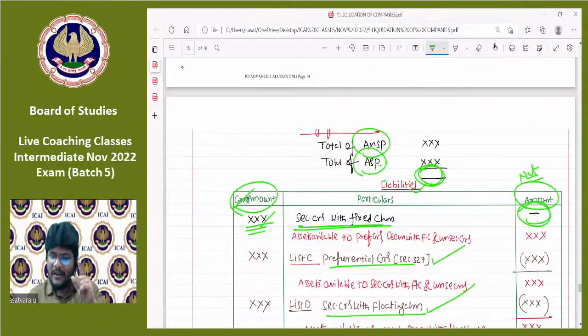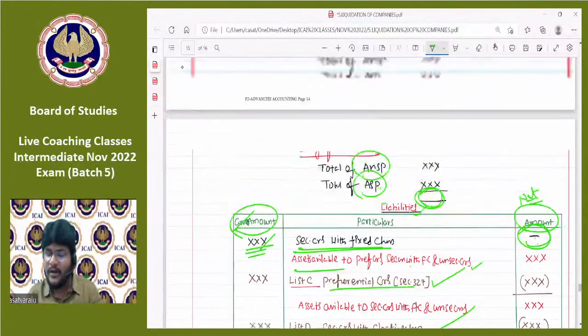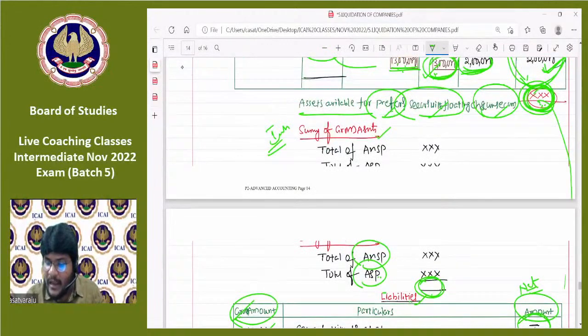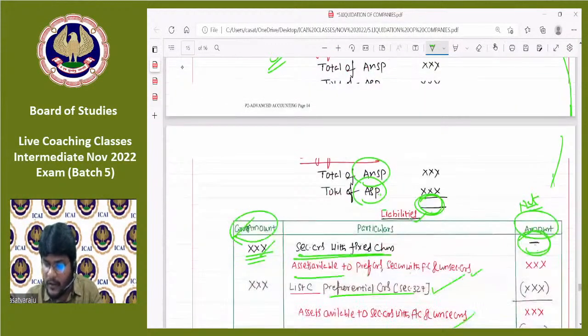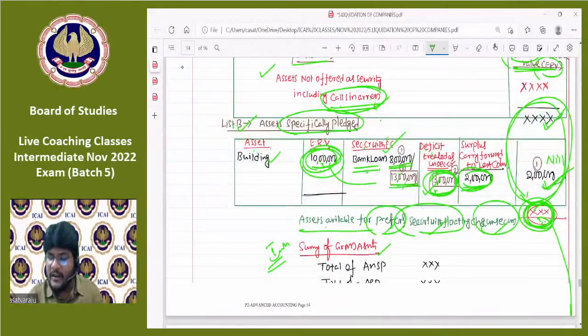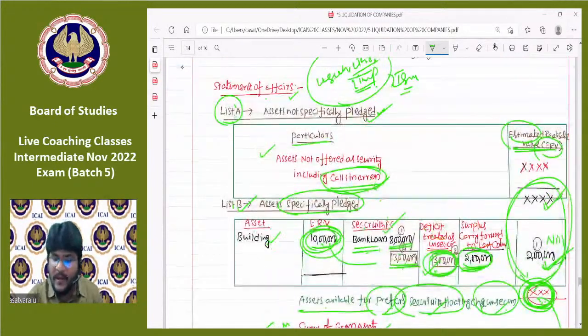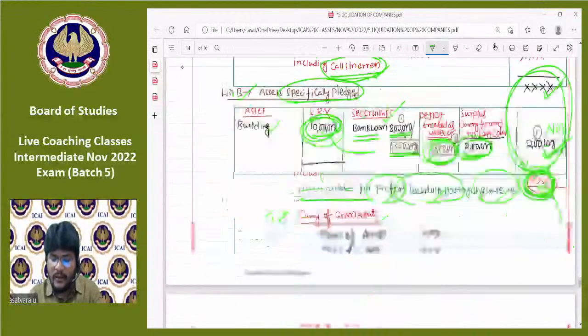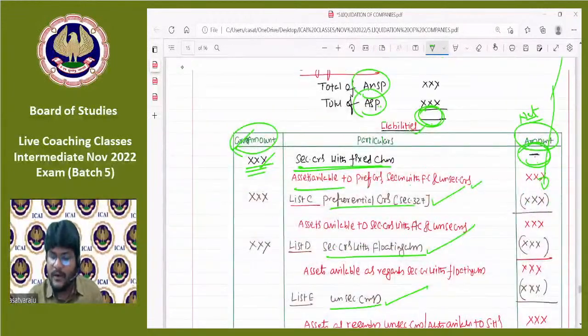Do you understand? Then assets available to preferential creditors, secured creditors with floating charge and unsecured creditors: this figure carry forward here. Whatever the assets available for preferential creditors, secured creditors with floating charge and unsecured creditors is available for list A total and list B total, the same figure you can present.